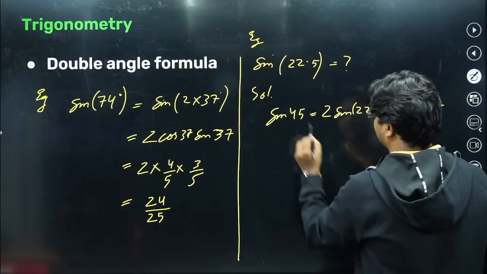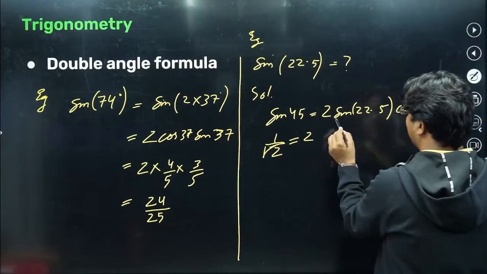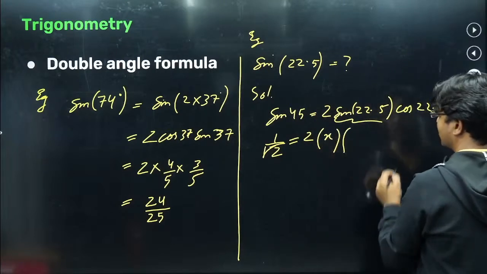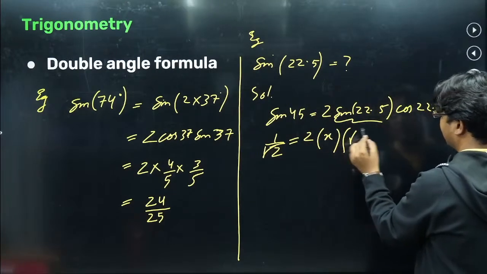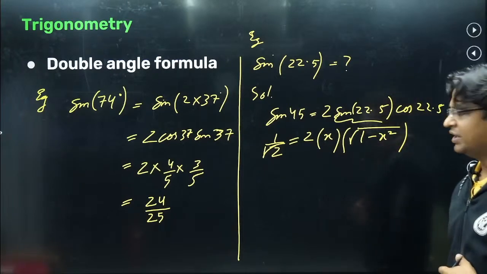So this will become 1 upon root 2 is equal to 2 times sine 22.5, which is what I'm trying to find out. Let me put it as x. And cos 22.5 will become root of 1 minus x square. Getting it?